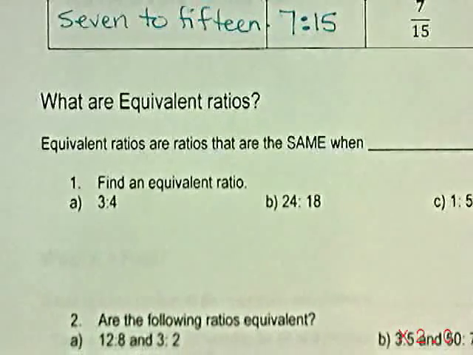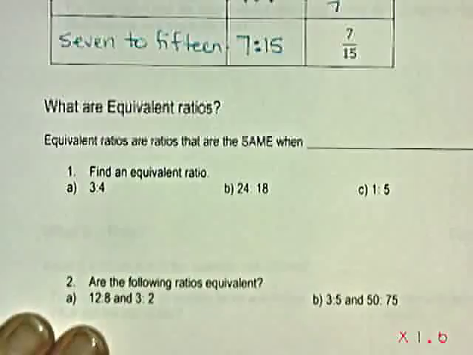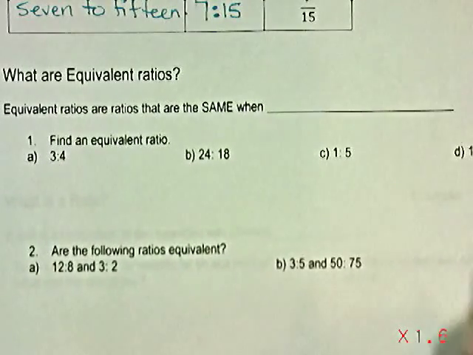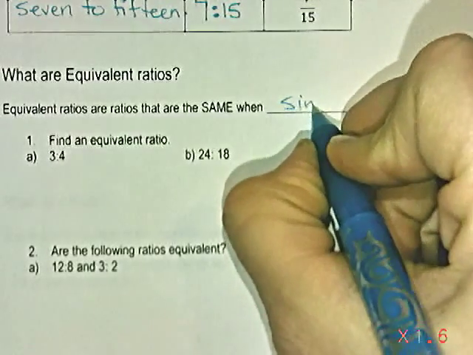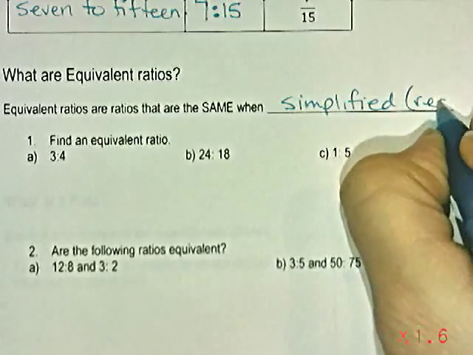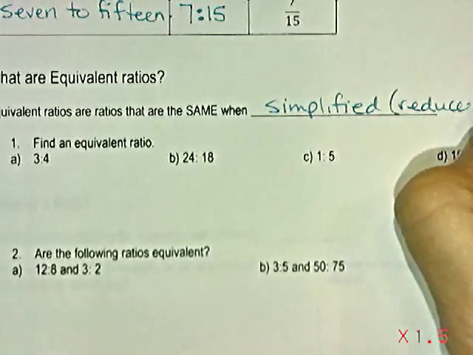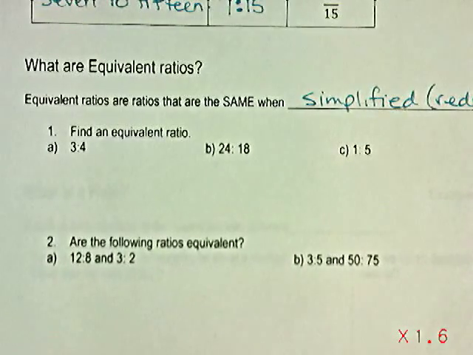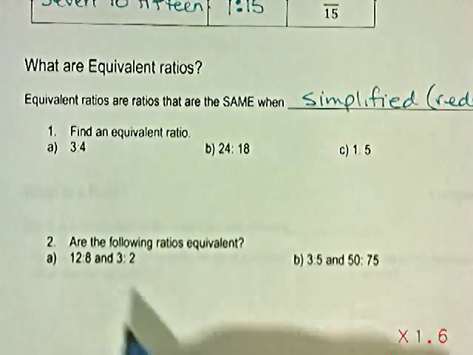Equivalent ratios we would talk about next. Equivalent ratios are ratios that are the very same number when simplified or reduced. So, write an equivalent ratio. Well, you can do a number of things to write an equivalent ratio.